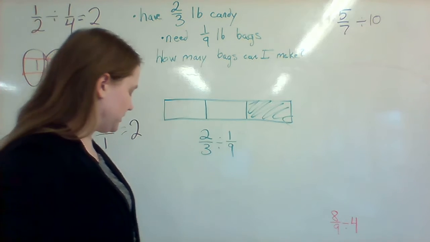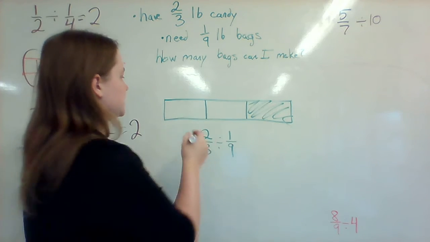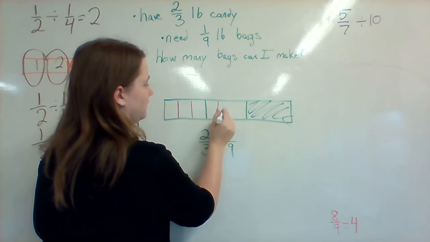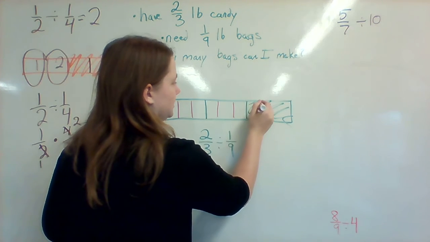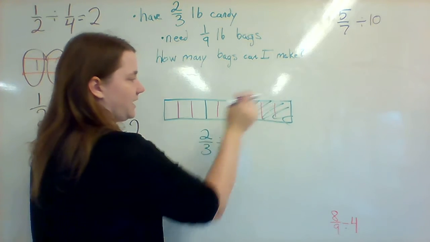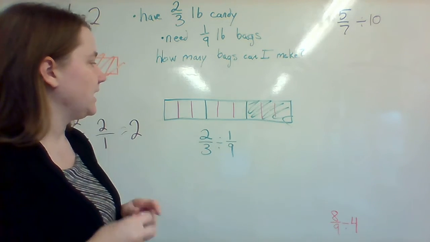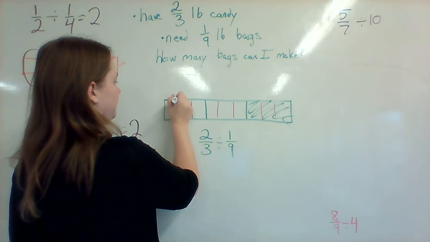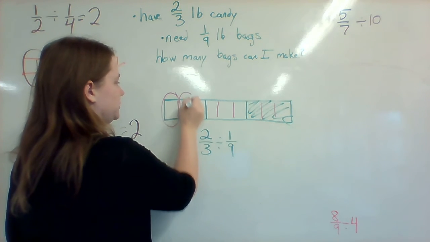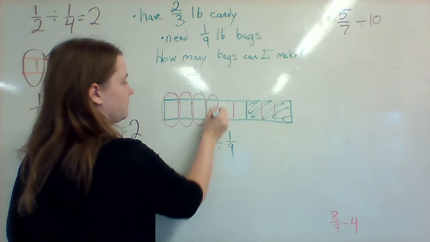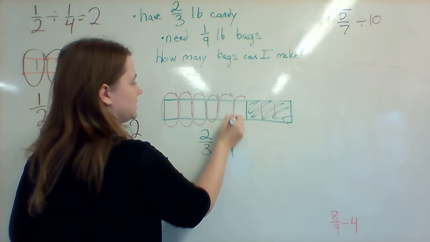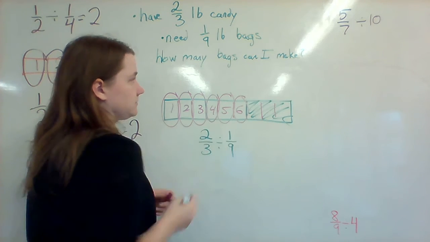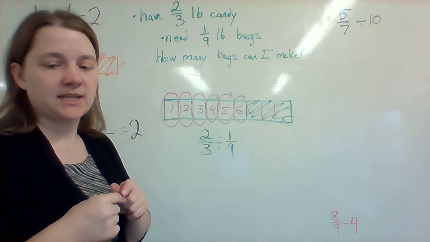So I need to split 2/3 into 9ths. 1, 2, 1, 2, 3, 4, 5, 6, 7, 8, 9. So I've got that split into 9ths. And how many bags can I make out of that? Well, 1, 2, 3, 4, 5, 6. And this says I can make 6 bags.